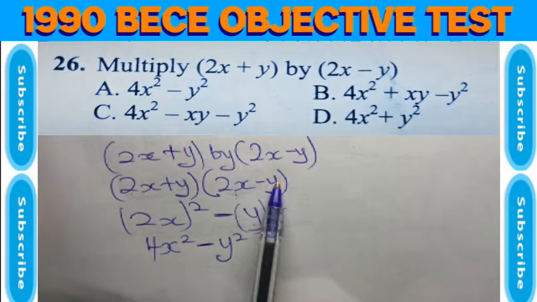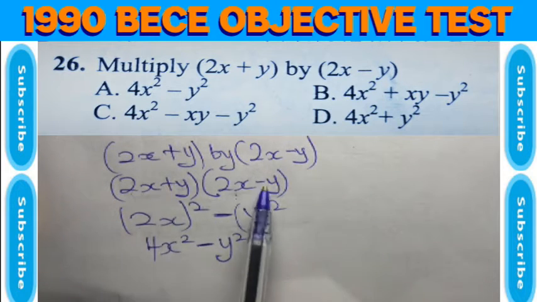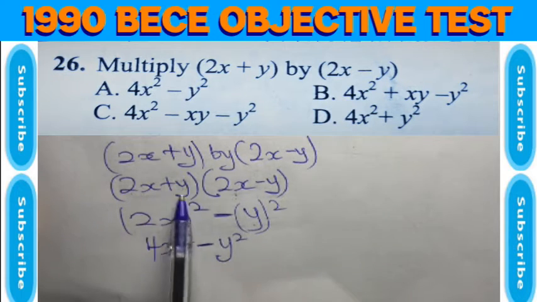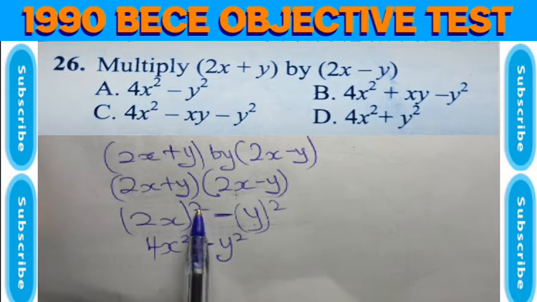You only stick to addition and subtraction. If you have addition and subtraction signs and the expressions are the same, you only have to take the first expression, square it, minus the second expression squared, and then you obtain the answer to this particular question. So this is based on what we call difference of two squares.